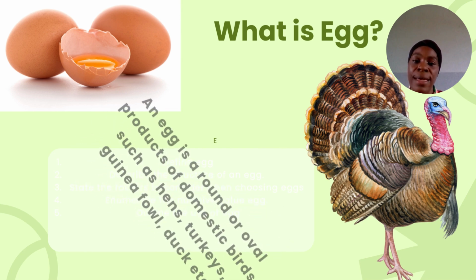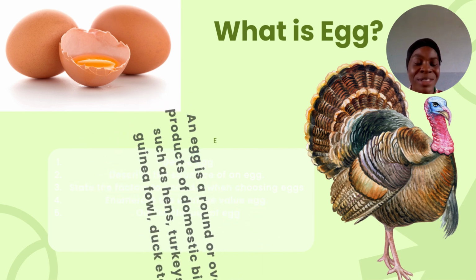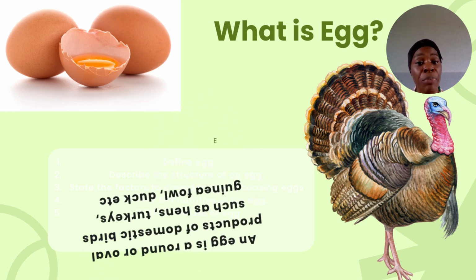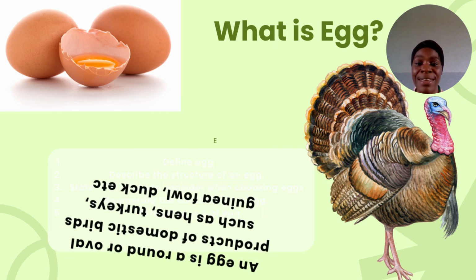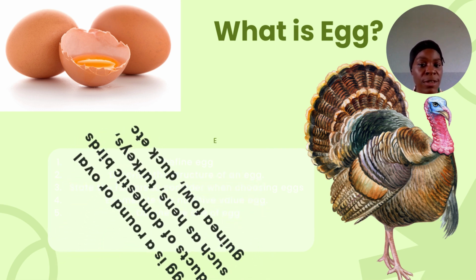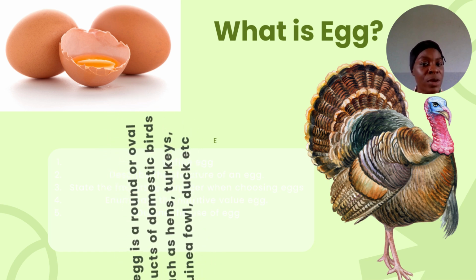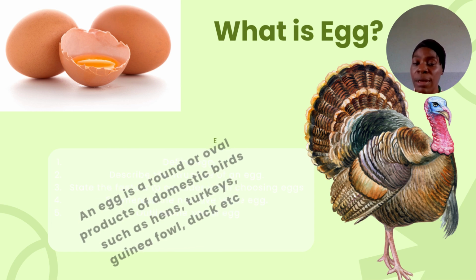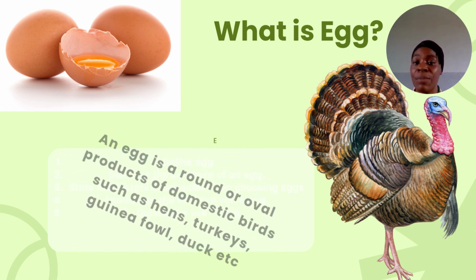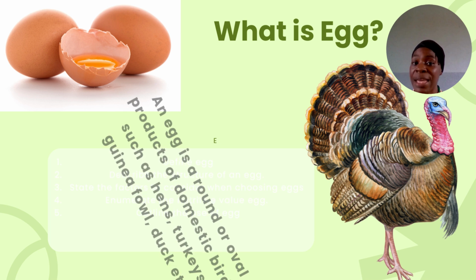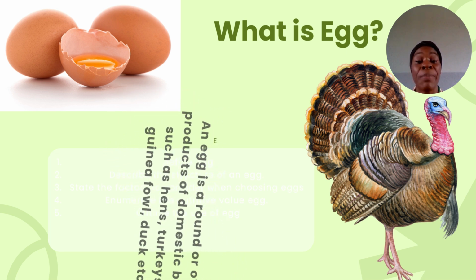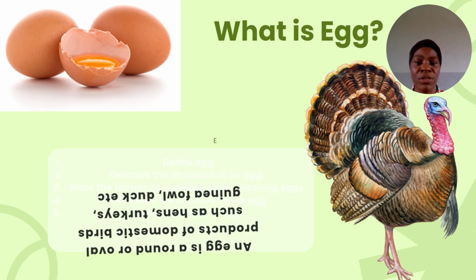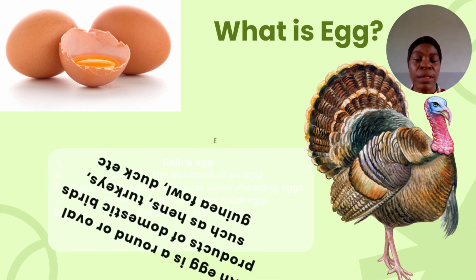So what is an egg? Egg is a round or oval product of domestic birds such as hens, turkeys, guinea fowl, duck, and other birds that produce eggs. So egg is a round oval product of domestic birds like hen.